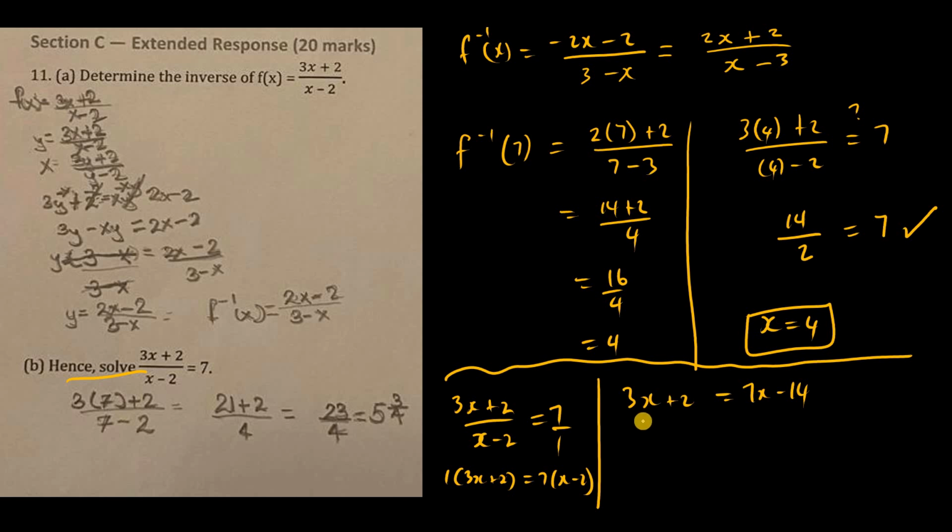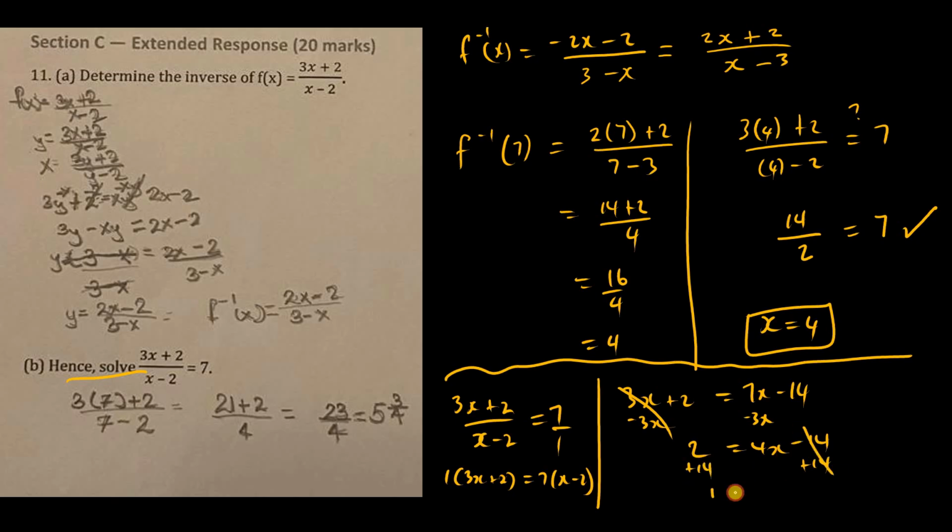And then we can subtract 3x from both sides. Since this quantity is larger, I will get a positive 4x. And that would be 2 equals 4x minus 14. Add 14 to both sides.